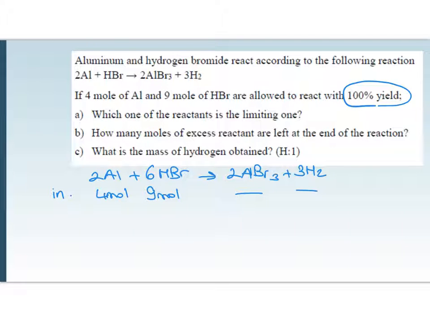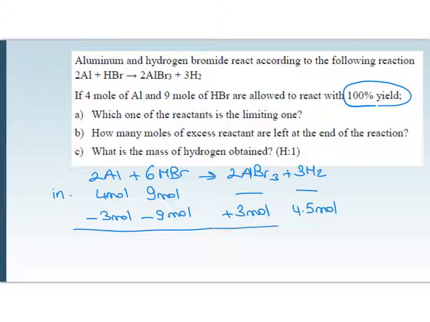Then 9 mole of hydrogen bromide is consumed, then 3 mole of aluminium is consumed, plus 3 moles of aluminium bromide is produced, and 4.5 mole of hydrogen is produced.